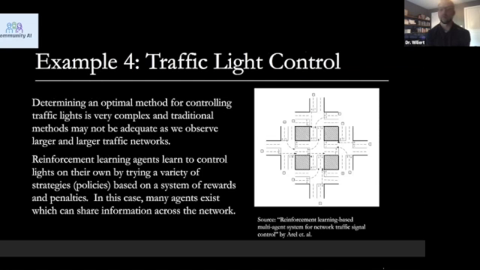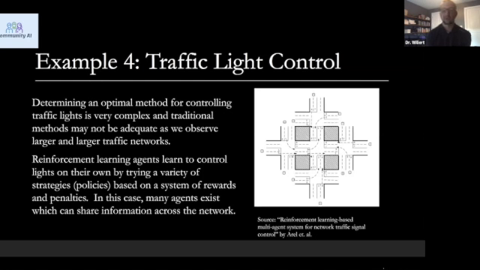You might be driving through a city and get a green light at one block just to find yourself at a red light 1 block away, and that process might repeat, and you might feel like traffic should just flow a lot better. It turns out that this is a very complicated optimization problem, especially in large cities, and traditional methods might not be adequate for solving this problem, especially as the traffic network grows larger and larger.